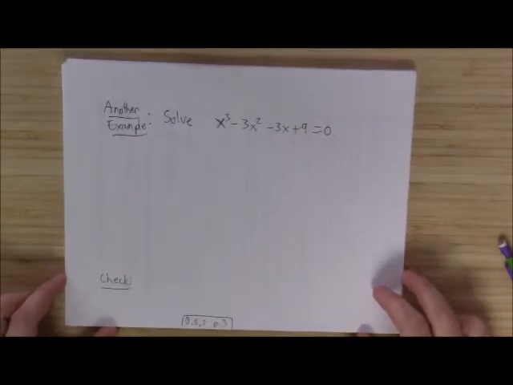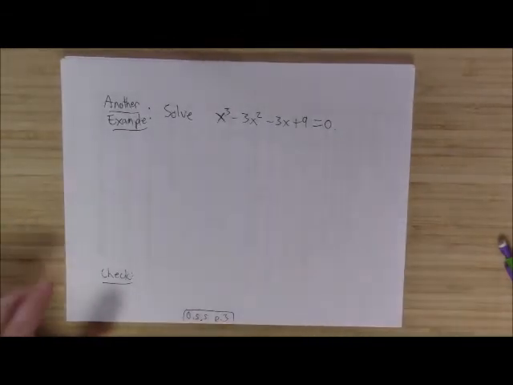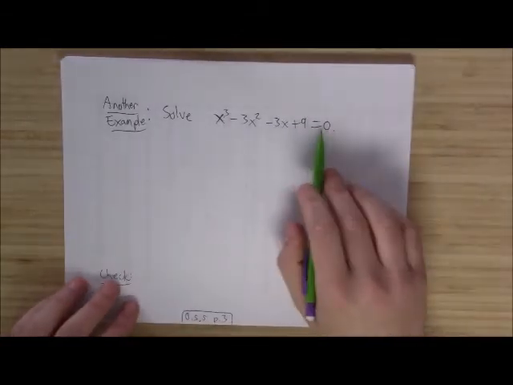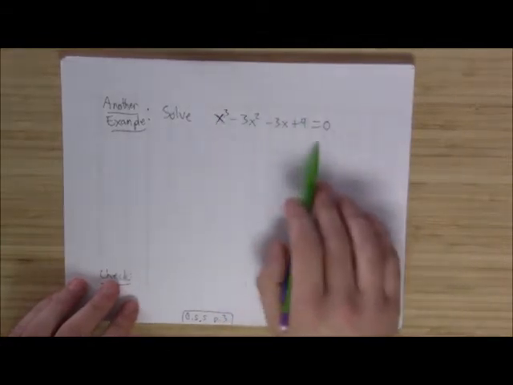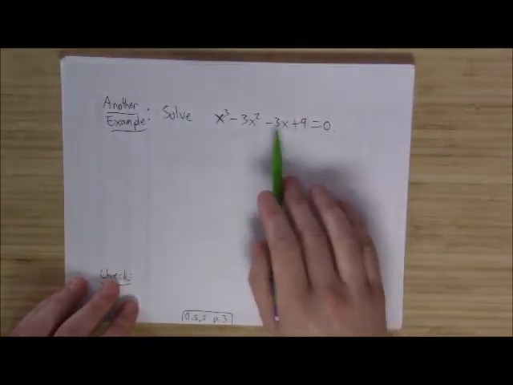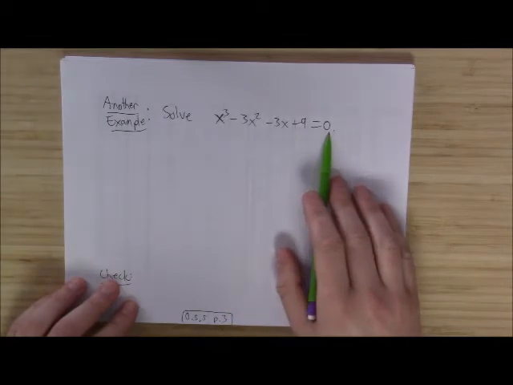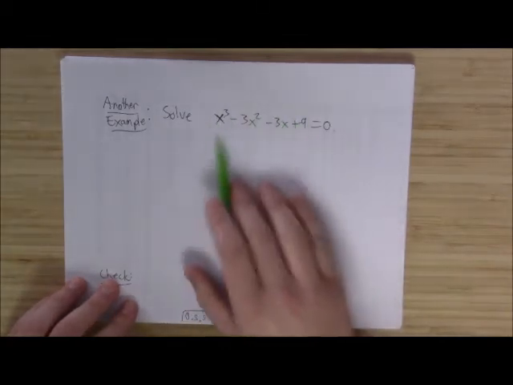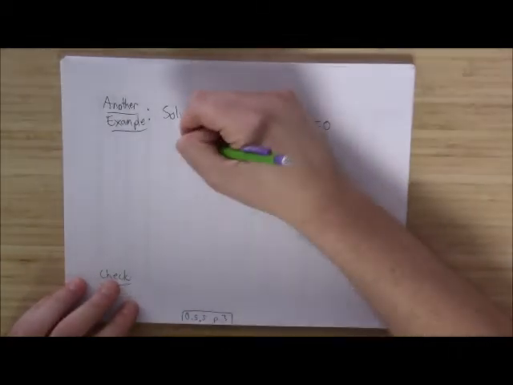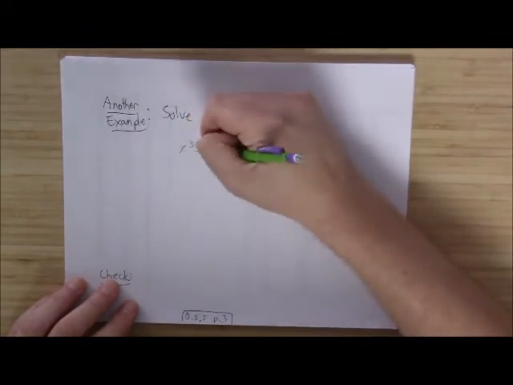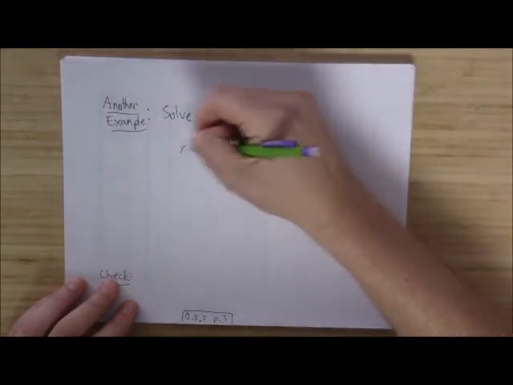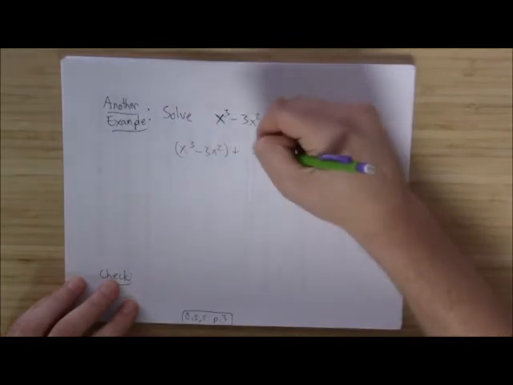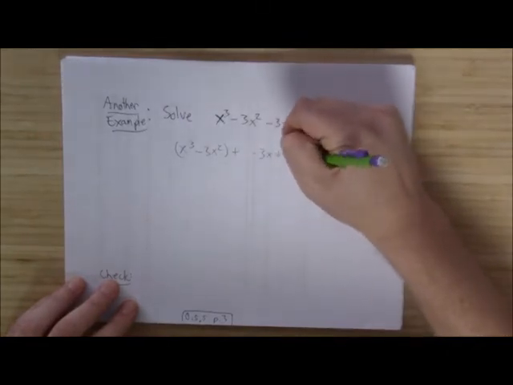Here's another example of how we can use factoring. Here, let's go ahead and factor by grouping. So again, I said at the start of the video that anytime you have a polynomial equation equaling 0, factoring is a good idea. We can factor this by grouping. If we group, we get x cubed minus 3x squared plus, I like to keep the negative with it, just to be careful.